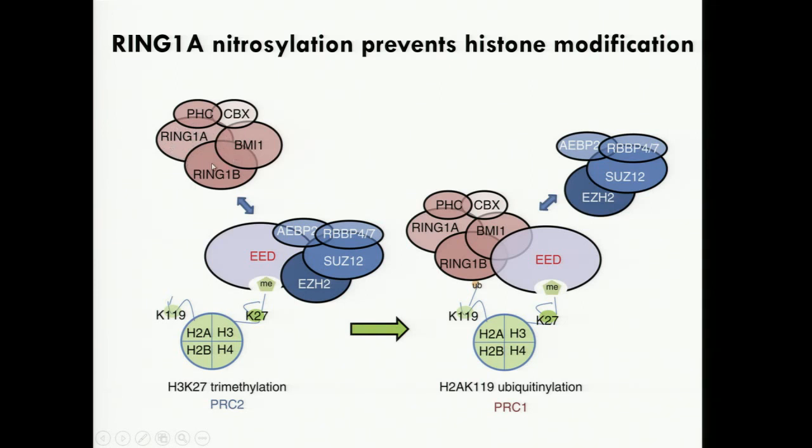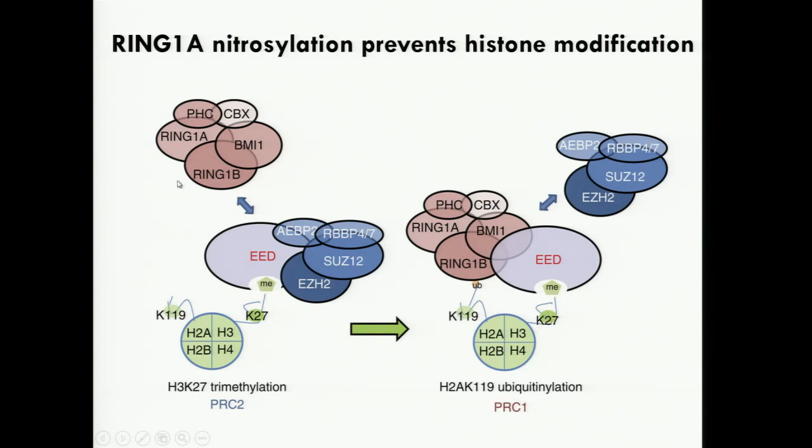It induces H2A K119 ubiquitination, which stabilizes this suppressive mark. This is a suppressive mark laid down by the PRC2 complex, H3K27 trimethylation. So this complex is very important for stabilizing this suppressive mark.